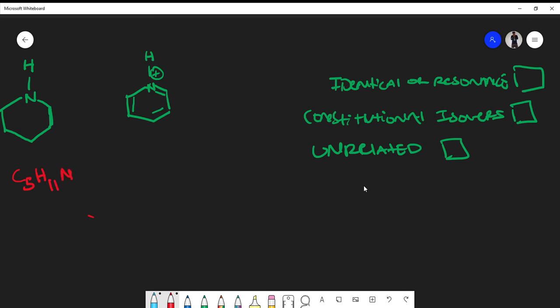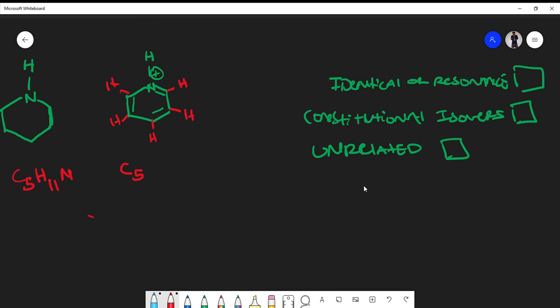I only have 1 nitrogen in the formula. How many carbons do we have in this formula? We have 1, 2, 3, 4, 5. So this is C5. How many hydrogens? Now something different: I have 1 hydrogen here, 1 here, 1 here, 1 here, 1 here, and obviously this one.